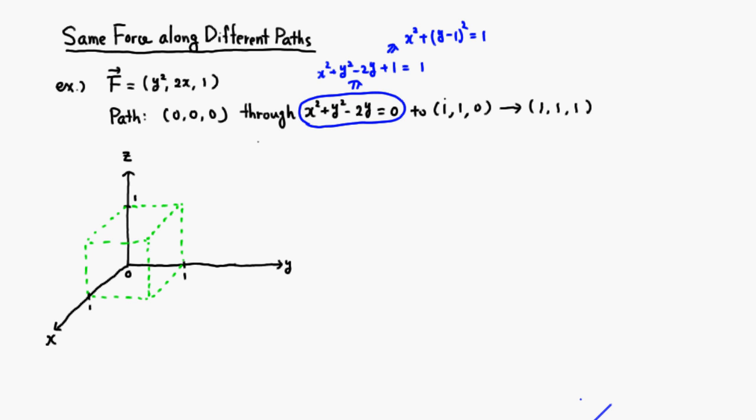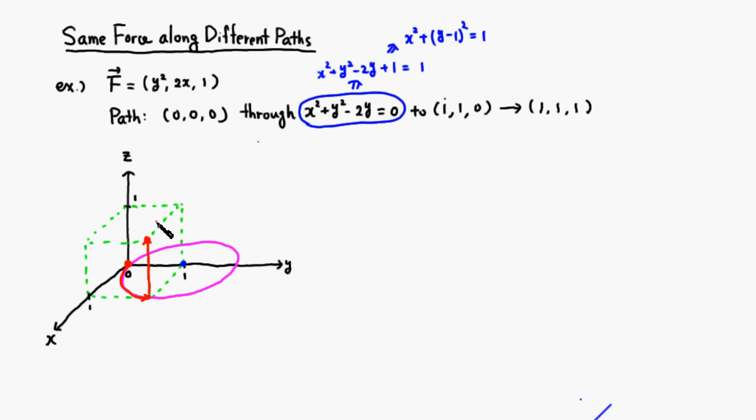So the center is going to be right here, 0 comma 1, and it's a radius 1 circle, so it's going to look kind of like this, on the xy plane. So what we do is we start from the origin and go along the circle, and then when you get here, go straight up to the destination.